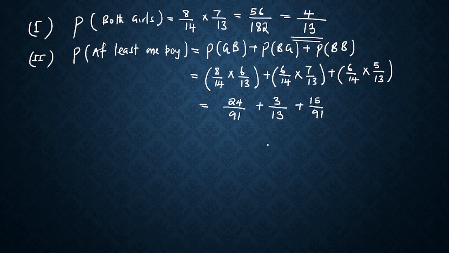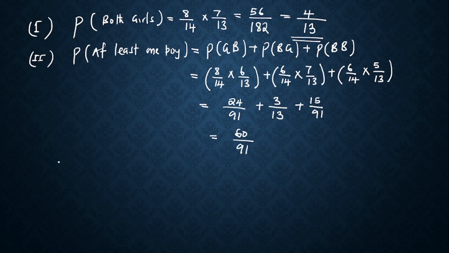Plus the next one, which is 6/14 multiplied by 5/13. That one is going to give us 15/91. Such that if we're to add the 24/91 plus 3/13 plus 15/91, that one is supposed to give us 60/91.